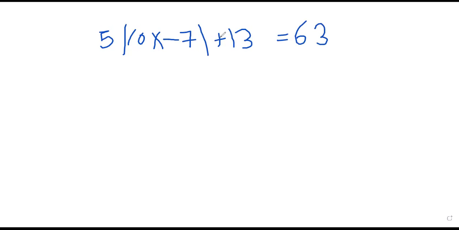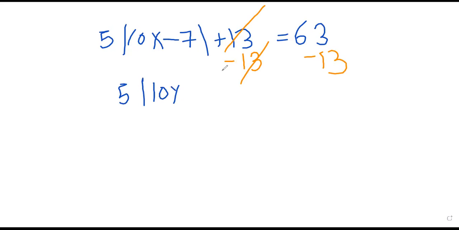How? First of all, I'm going to subtract 13 from both sides. So we're left with 5 multiplied by the absolute value of 10x minus 7 is equal to 63 minus 13. This will give 50.